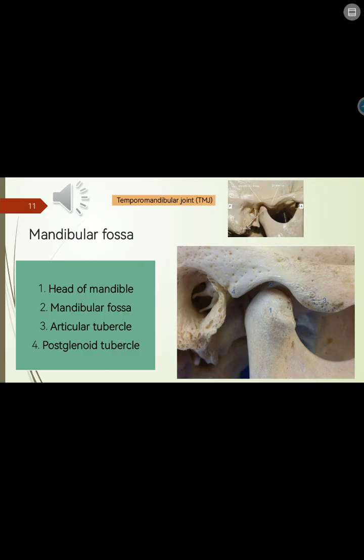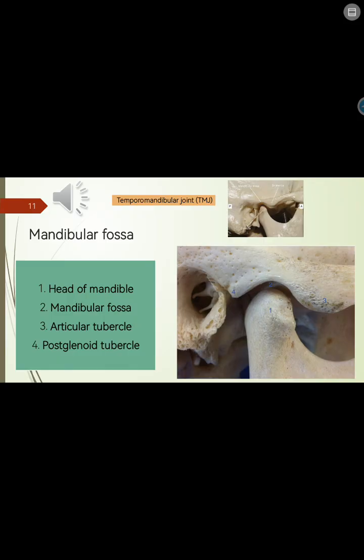Here we can see temporomandibular joint or TMJ, that it is between the head of a mandible or condylar process of mandible and mandibular fossa of temporal bone. We can see some numbers on the picture: 1, 2, 3, and 4.